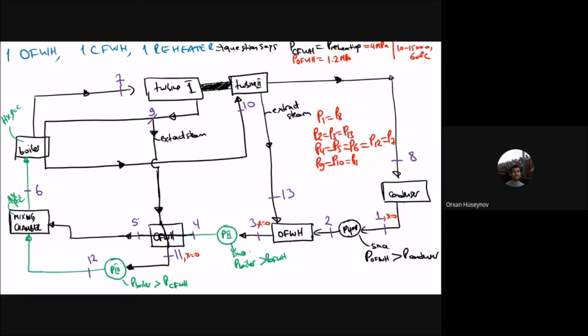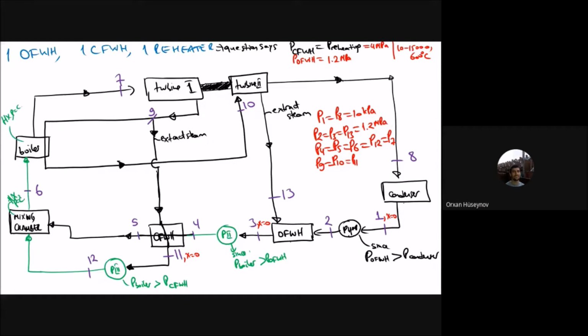Okay, now let's draw it. We'll just start from the pump 1, which compresses from, and I just need to write the pressure values here. P1 is same as P8, it is 10 kilopascal. And the P2 is same as P3, and that is same as P13, which is open feed water pressure, which is 1.2 megapascal.